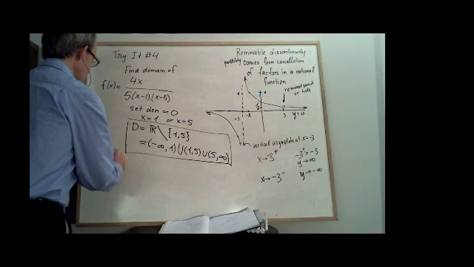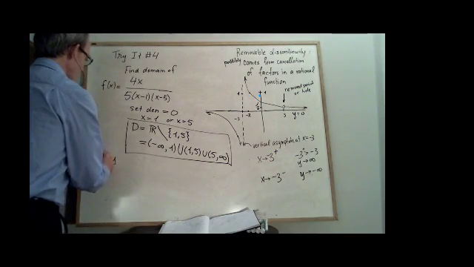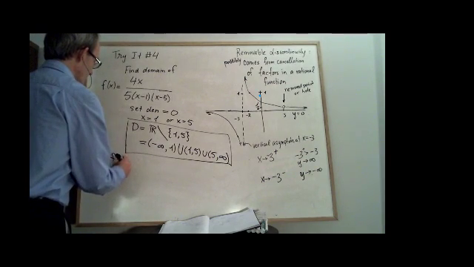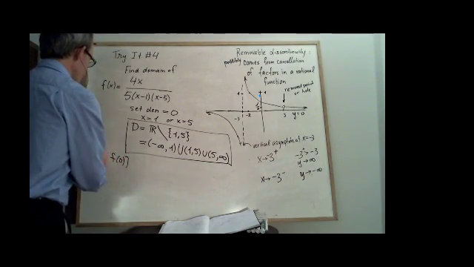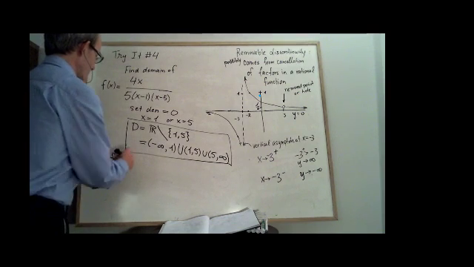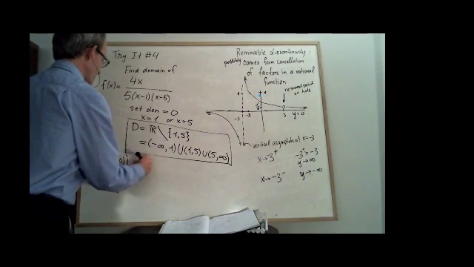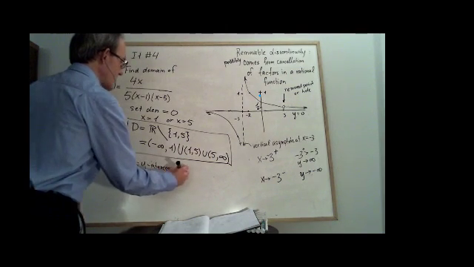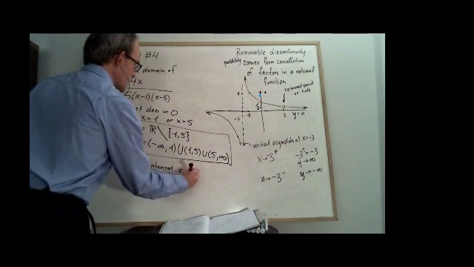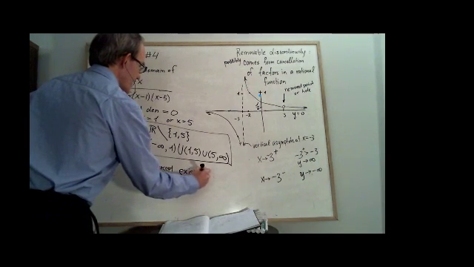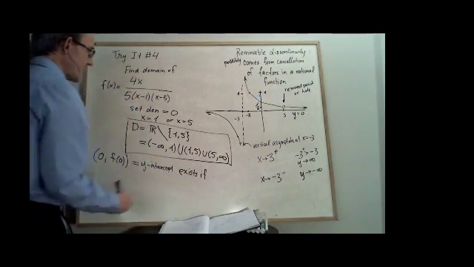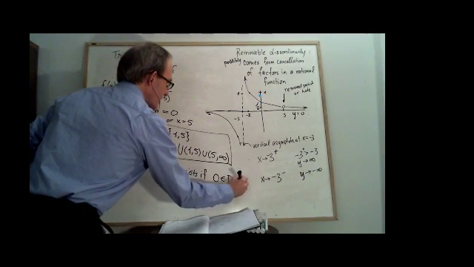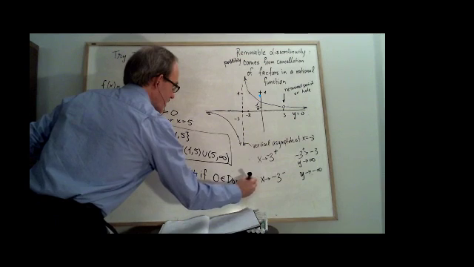So the y-intercept is simply the ordered pair (0, f(0)). There's only one of them if it exists, and it only exists if 0 is in the domain of f.